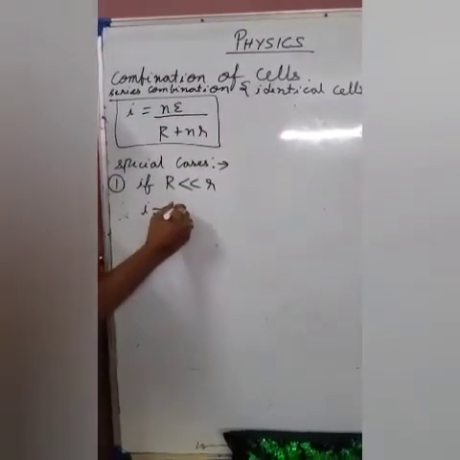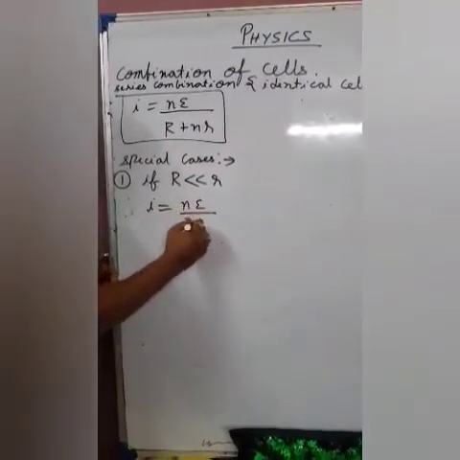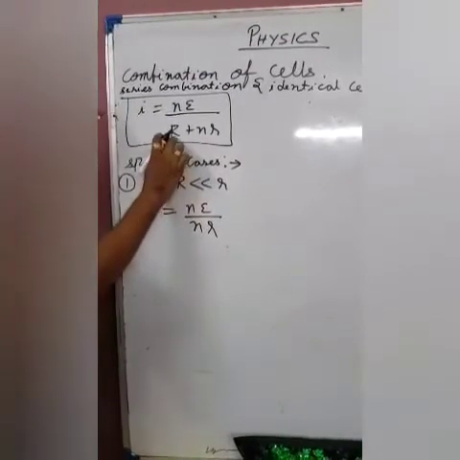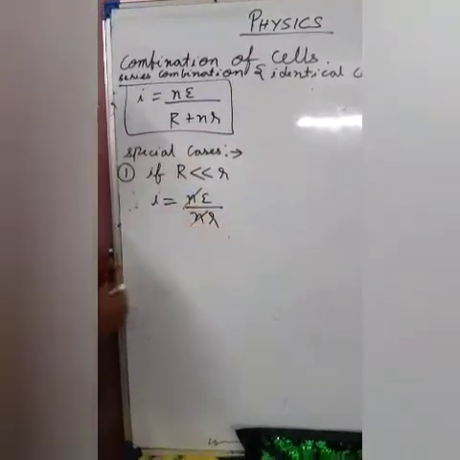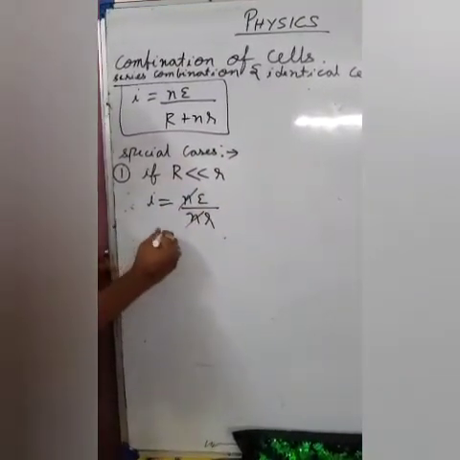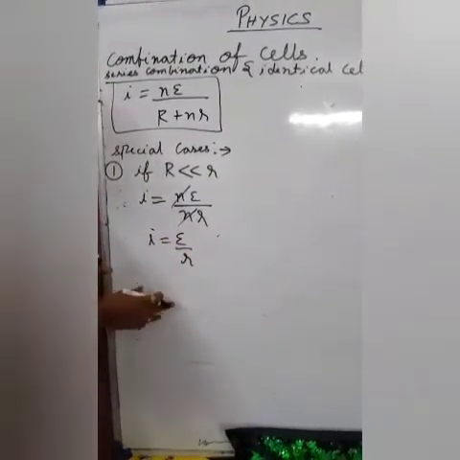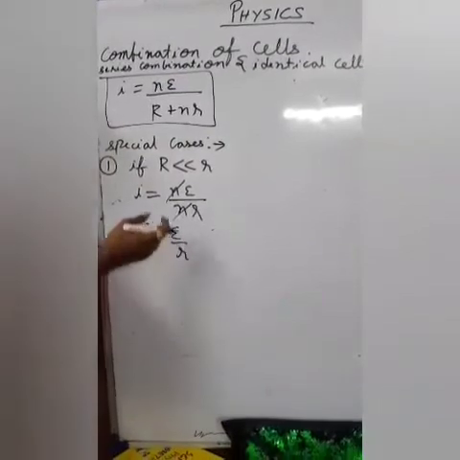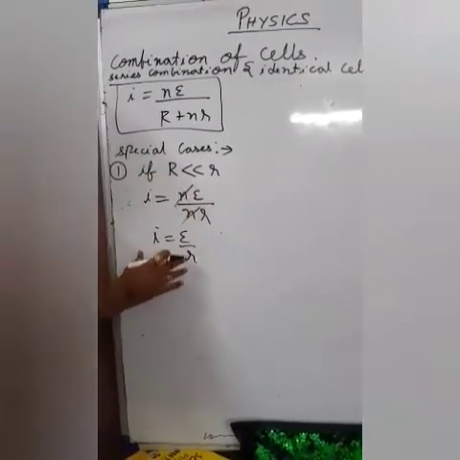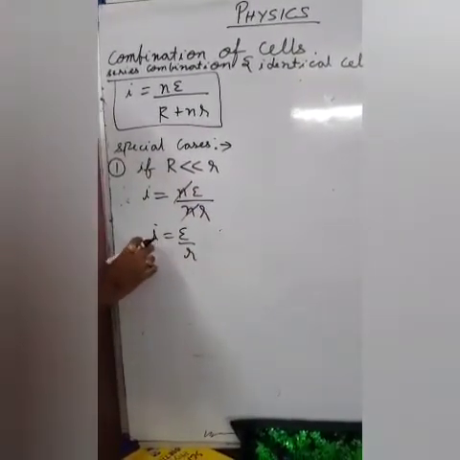So our I would become nE upon nr. We neglect the external resistance, so n we can cancel out and our I would become E by r. Since there is no n over here, whatever number of cells we put in this case, it would hardly matter.